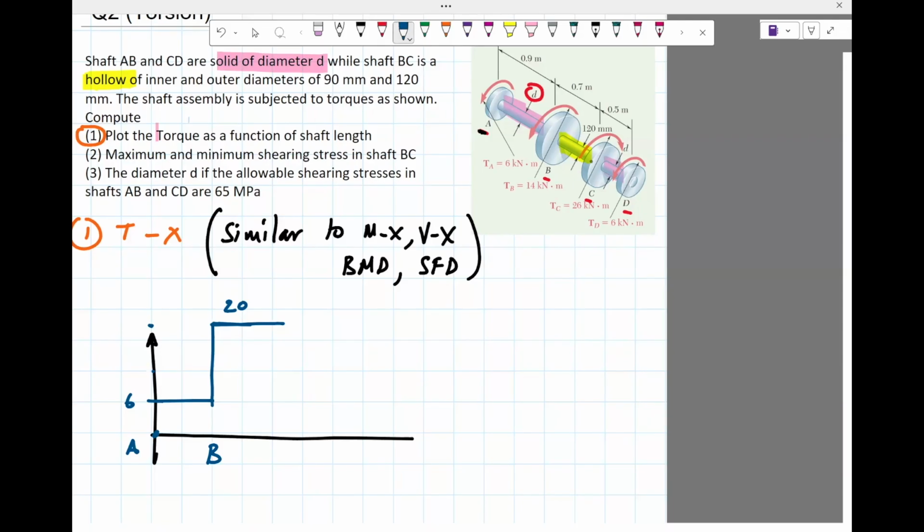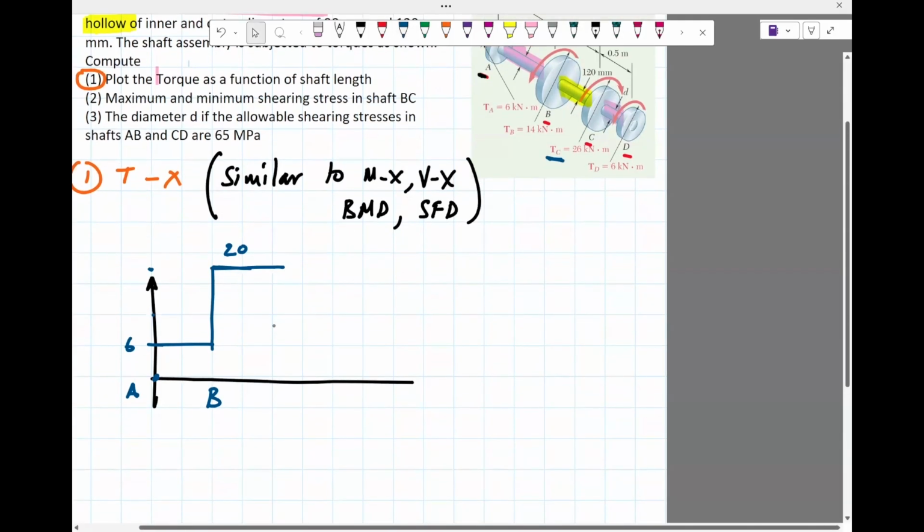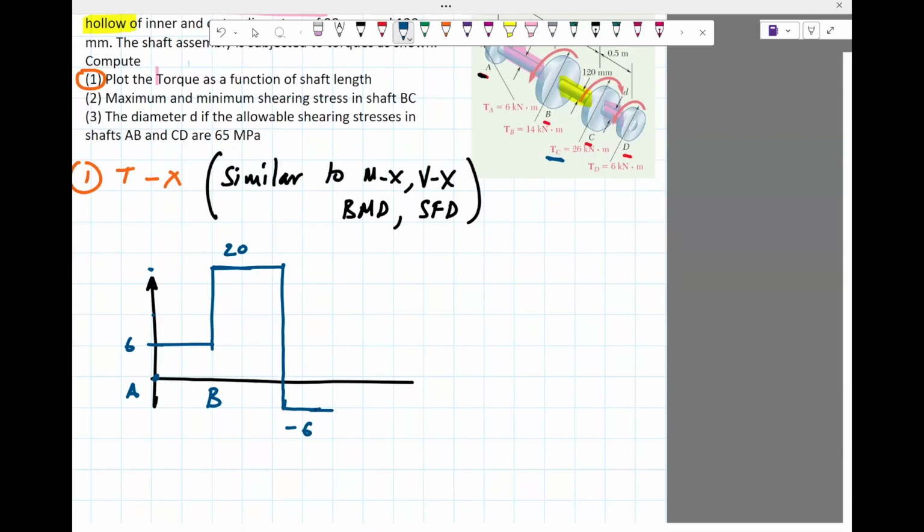It reaches C. At C, you'll see that there is a torque of 26 kilonewton meter acting in the clockwise direction, which is opposite to what we have so far. So this is going to induce a negative 26 torque. We take 20, subtract 26 from it, and we end up with minus 6. So it will go all the way down to minus 6 and keep going.